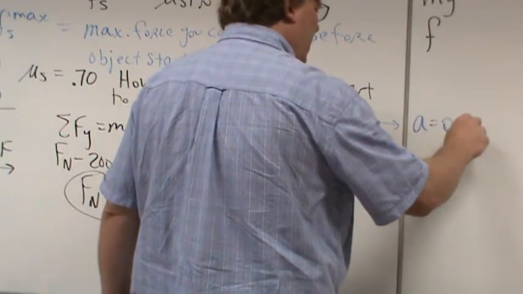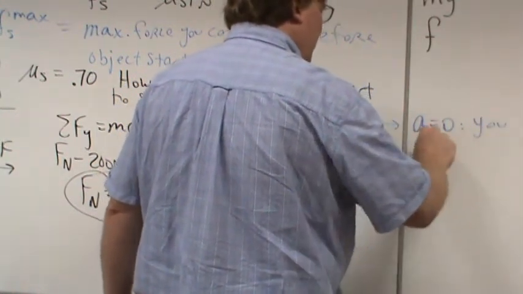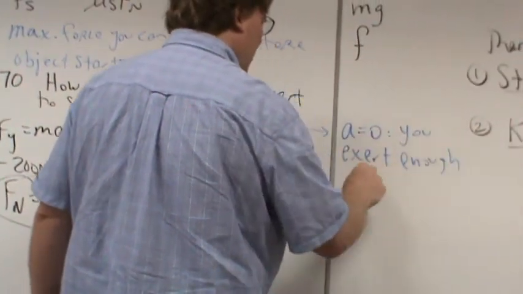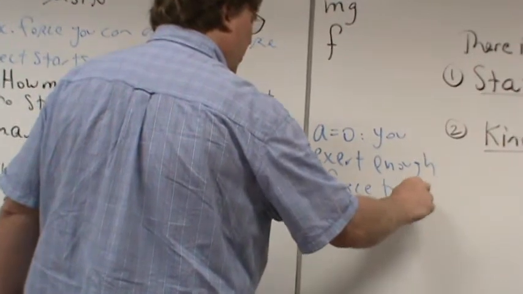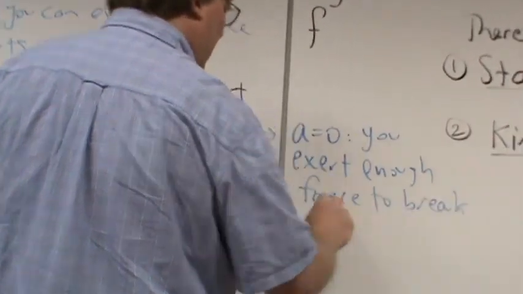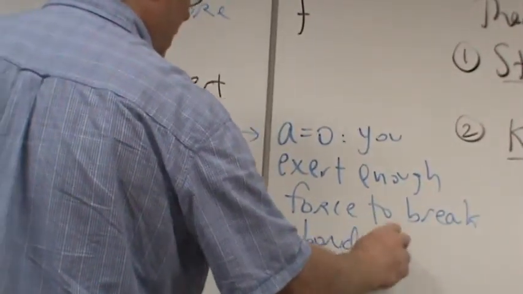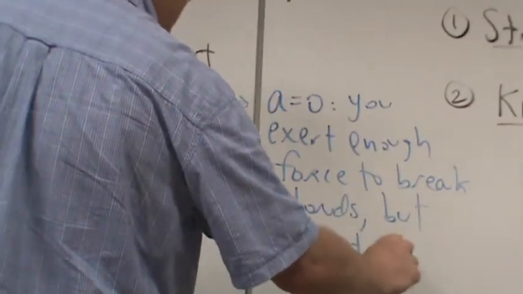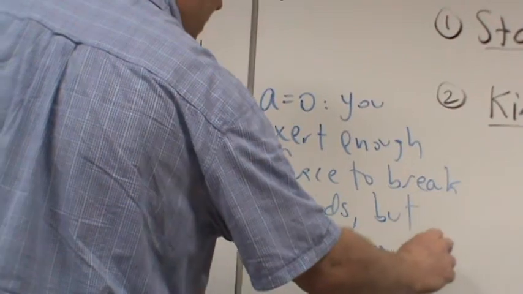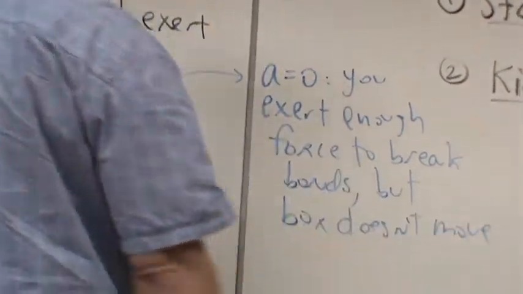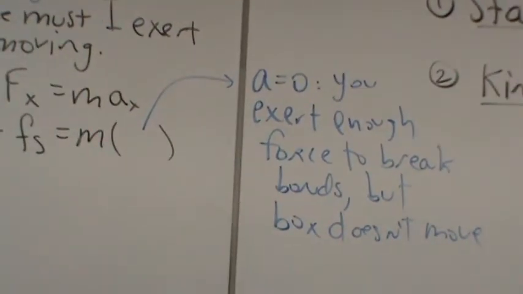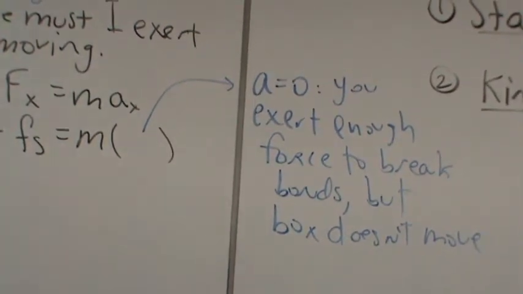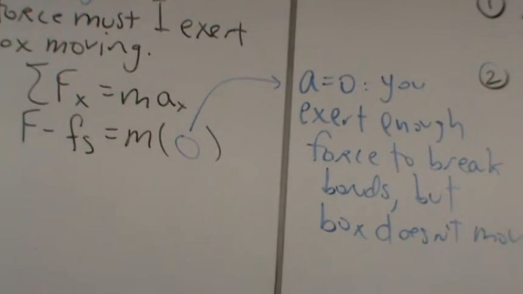You exert just enough force to break the bonds, but the box isn't moving yet. You're not exerting enough force to move the box. So this ends up being 0.